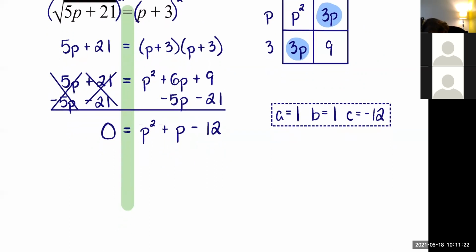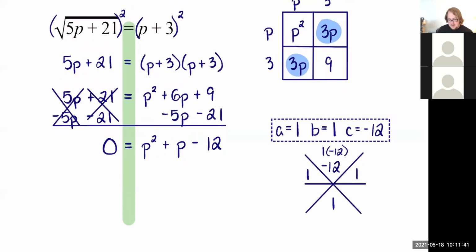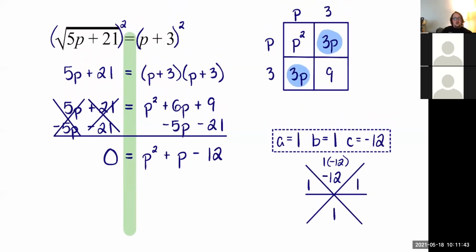I'm setting up my asterisk. a times c on top, we're going to have 1 times negative 12, which is negative 12. a on either side, which are 1s, b on the bottom, also 1. So two numbers that multiply to equal negative 12 that also add to equal positive 1.